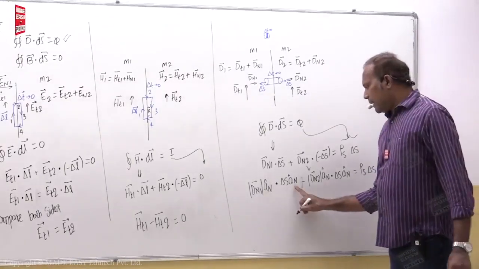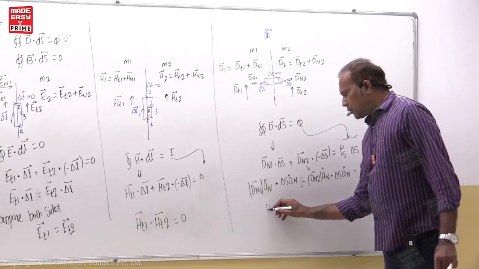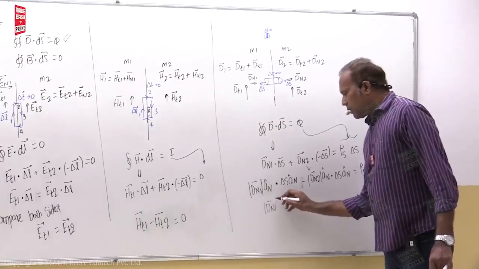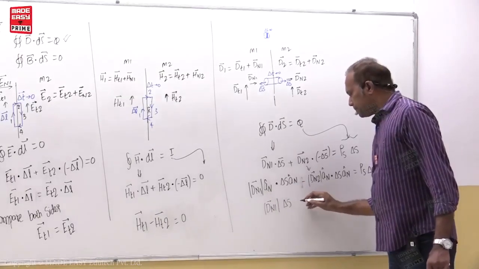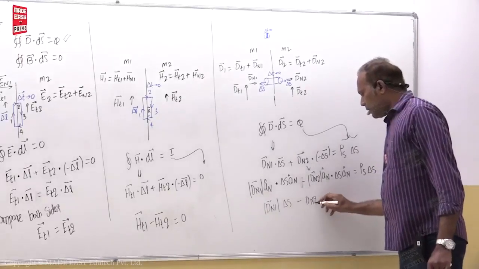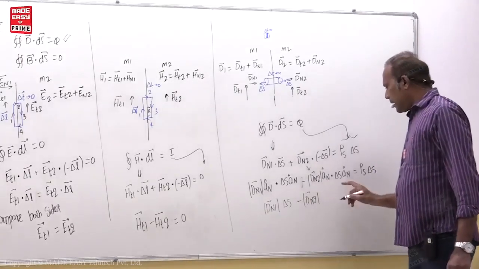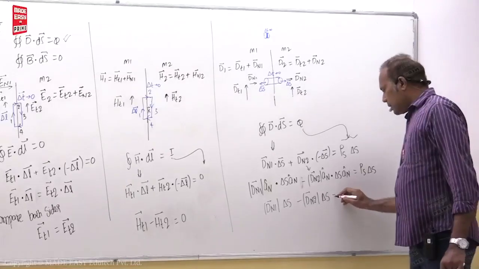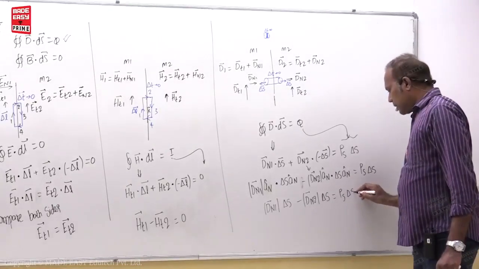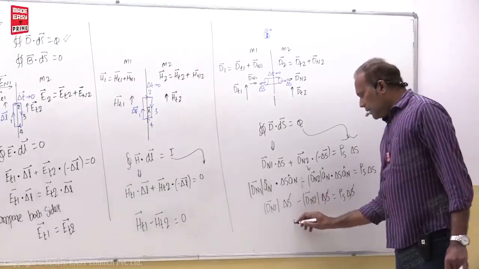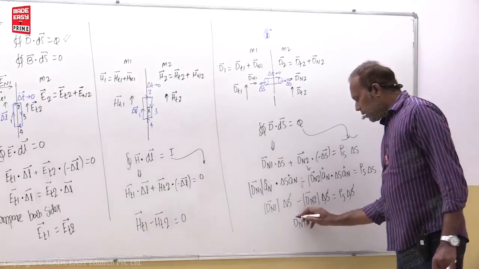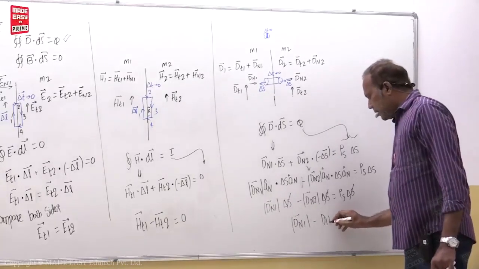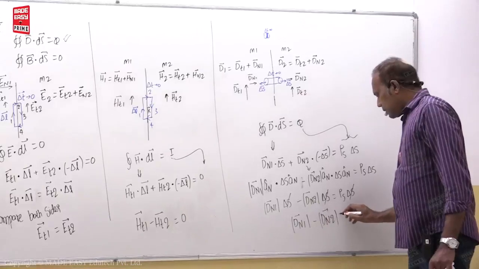Now an dot an is 1 actually, so modulus DN1 into delta S minus modulus DN2 into delta S is equal to rho s into delta S. This delta S cancels, so you get modulus DN1 minus modulus DN2 is equal to rho s.